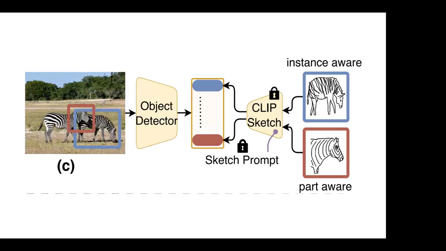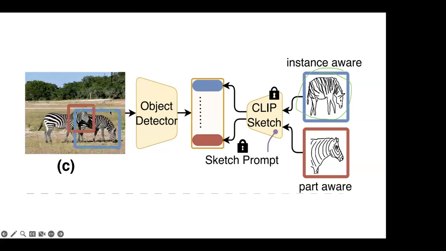So on a high level, the model works as follows. You can either prompt "zebra eating grass", and the model will detect that exact zebra which is eating grass in the photo.